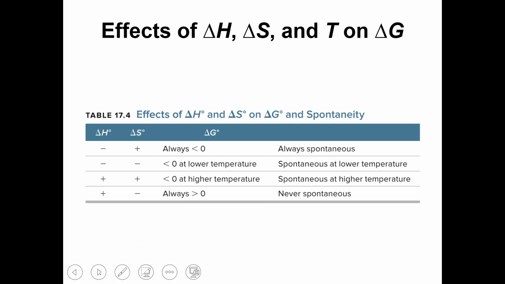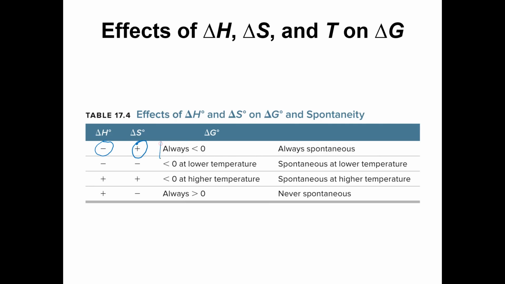So we have a table here that relates everything. So we have delta H, delta S, and delta G. So the first one is the conditions we've already talked about. We know that when enthalpy is negative, a reaction tends to be spontaneous. We know that when entropy is positive, a reaction is spontaneous.